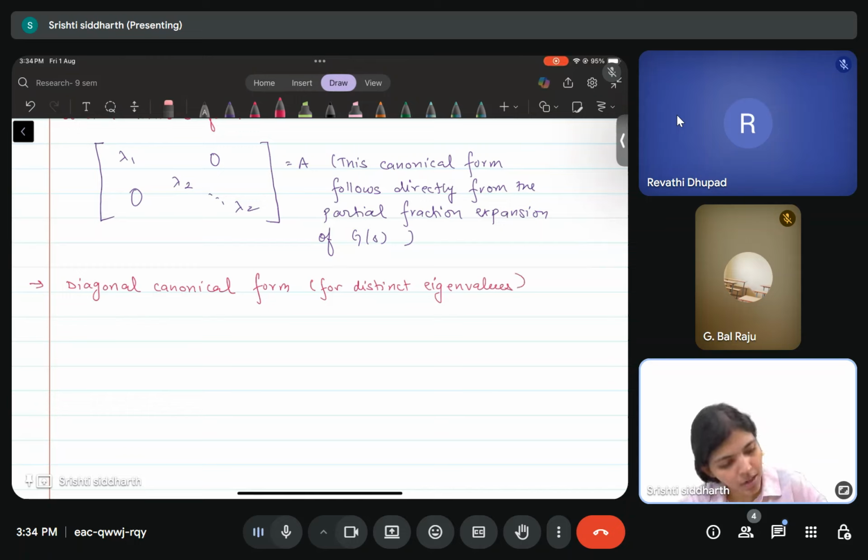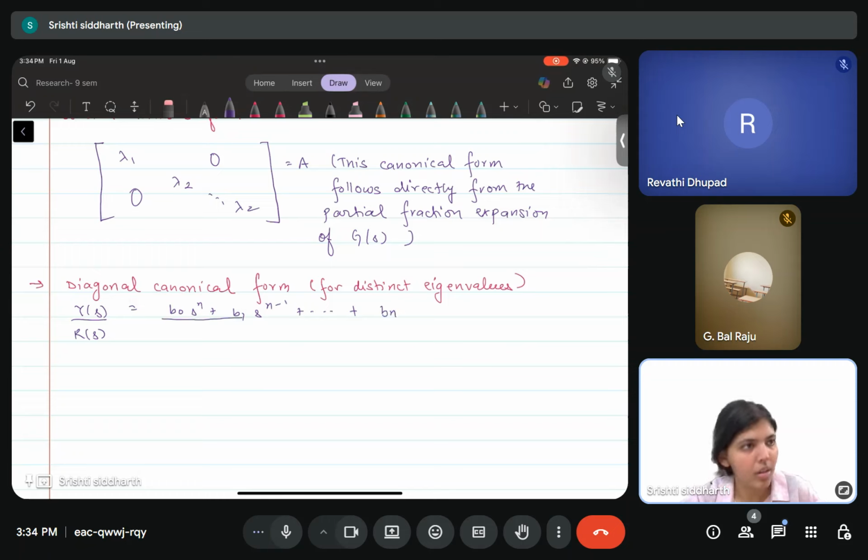Okay. So the transfer function is y over r of s, which is b0 s to the power n plus b1 s to the power n minus 1 till bn, over s to the power n plus a1 s plus a2.